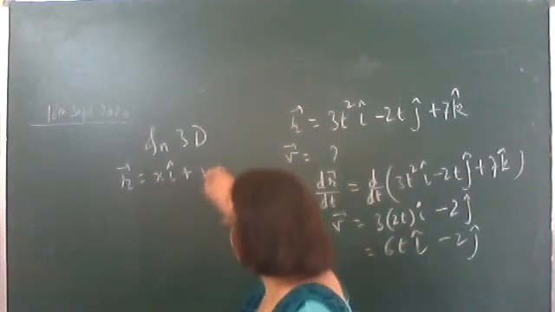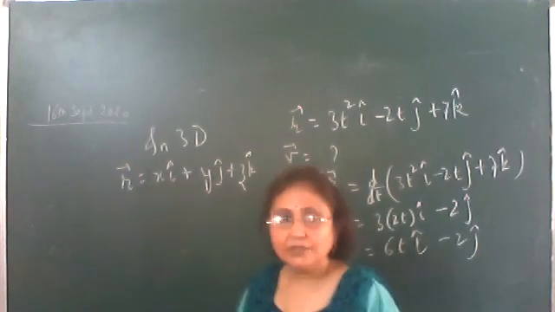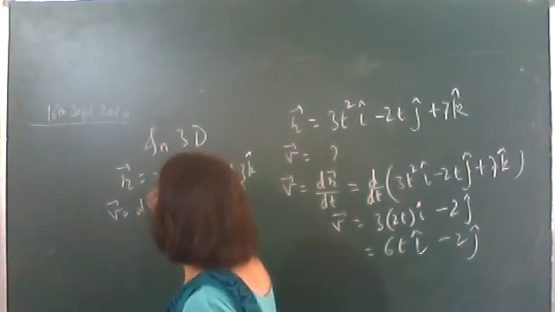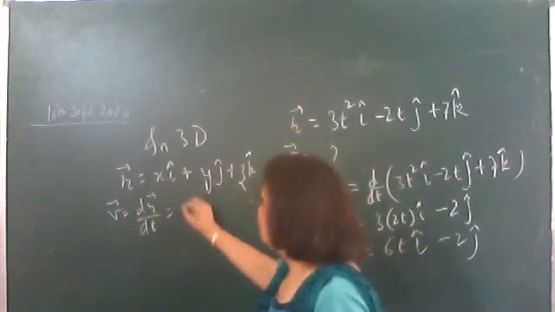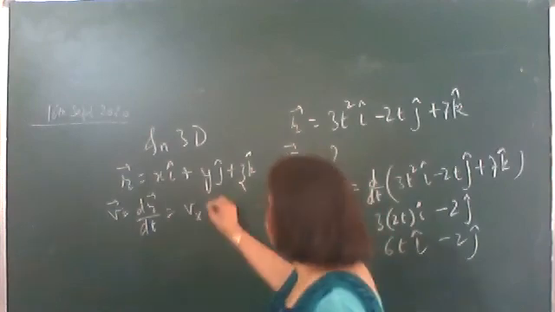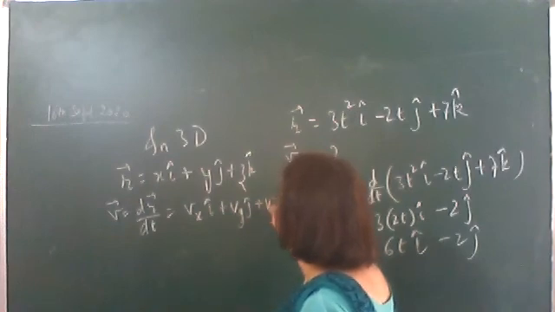In 3D, we write y into j cap plus z into k cap. And velocity vector will be dr by dt, so it will also have three components: Vx into i cap, Vy into j cap, and Vz into k cap.